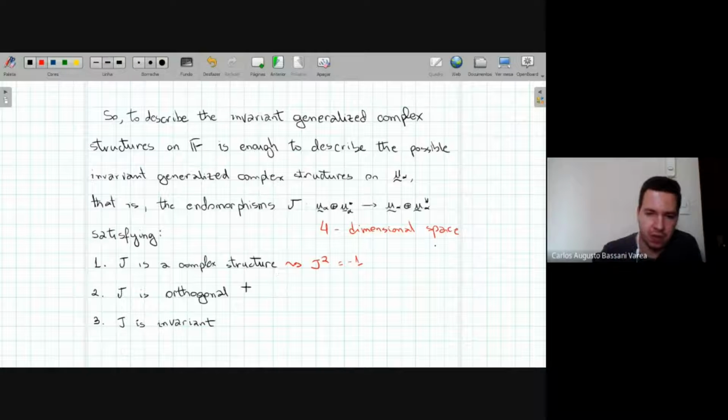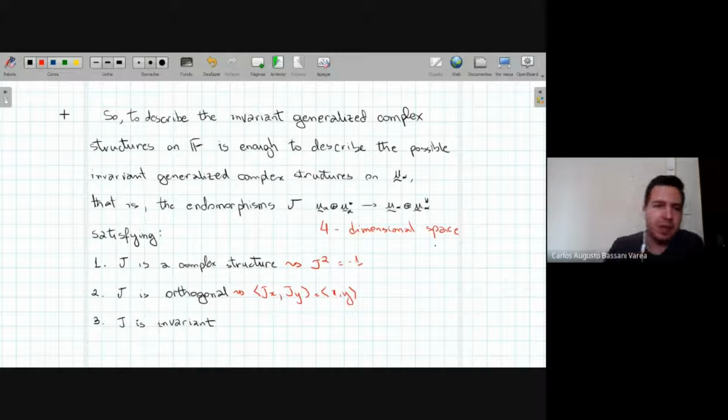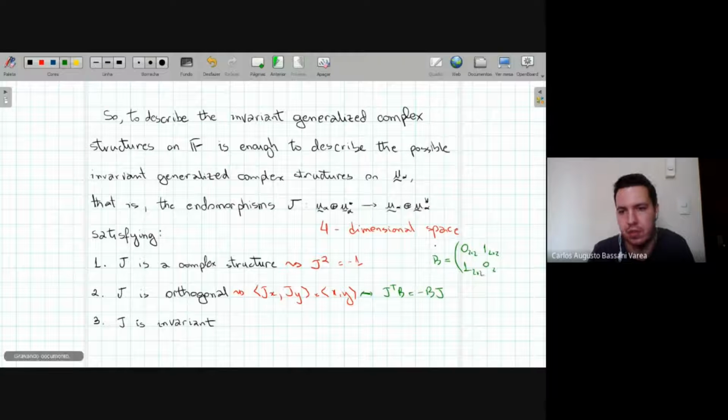J is orthogonal, which means that it satisfies this condition with respect to that bilinear form that we defined in the first day, or equivalently, it means that it satisfies this condition here, where B is the following matrix: 0, identity of order 2. Okay, all blocks of order 2 here.